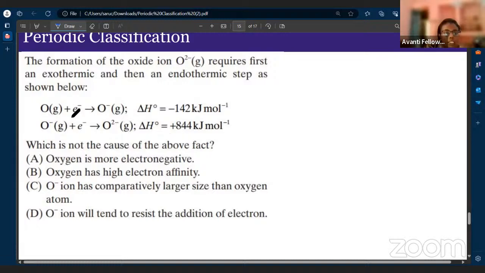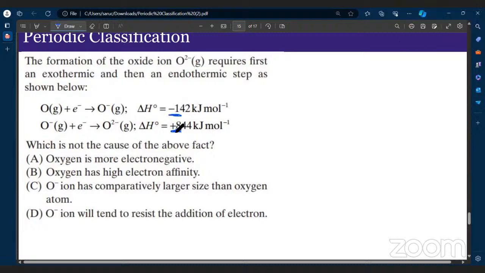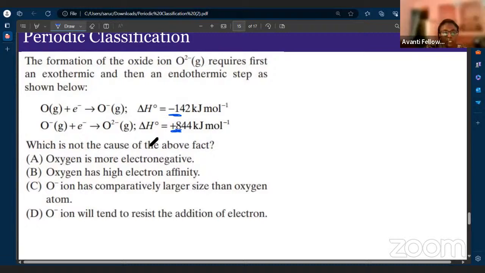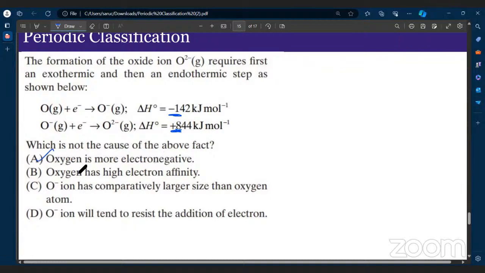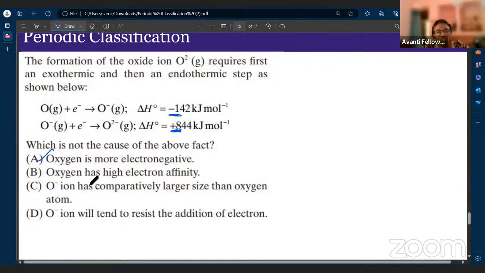Is it because oxygen is more electronegative? No. Oxygen has higher electron affinity.